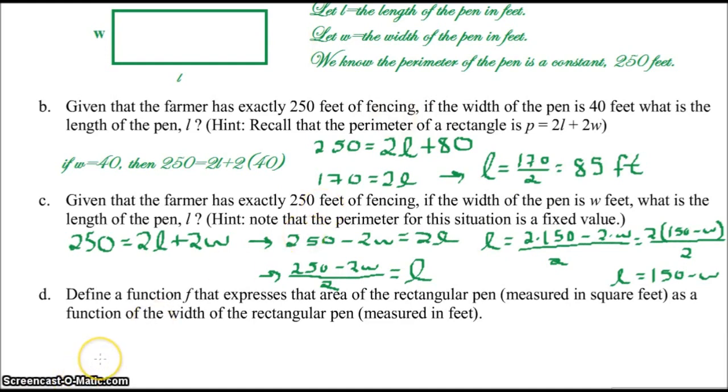We want a function that tells us the area, but we're going to name the function f. And this function f expresses the area in terms of the width. It's a function of the width. So it's f of w. That's what we really want. Now we know that the area is the length times the width. And we know that the length is 125 minus w.